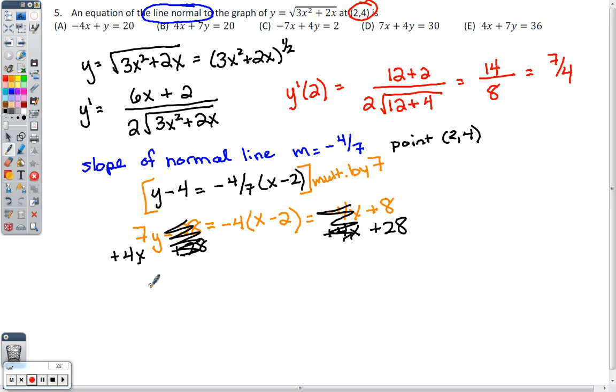I'm going to have 4x plus 7y equals 28 plus 8, which I think is 36. And that matches this choice. All right. So sometimes looking at your answers gives you a clue of what you need to do next. And that's it. All right. See you guys on Thursday.